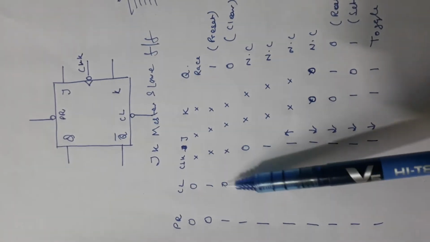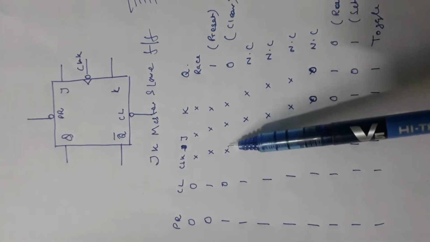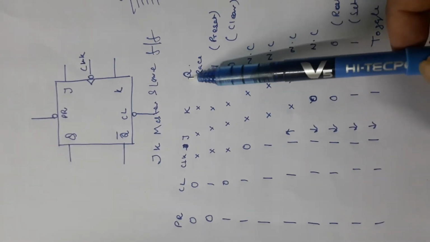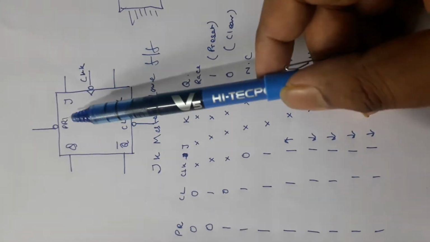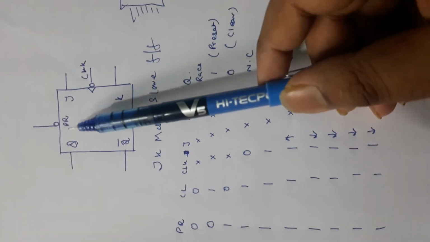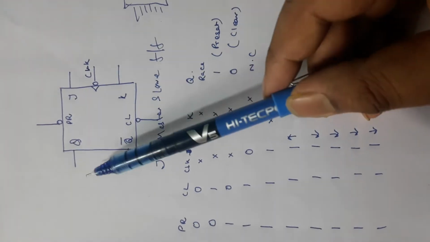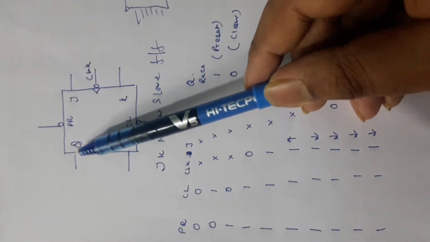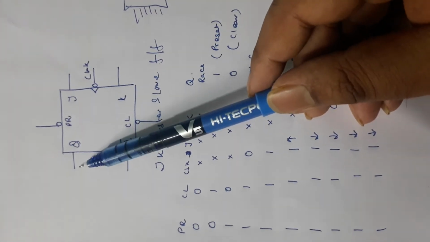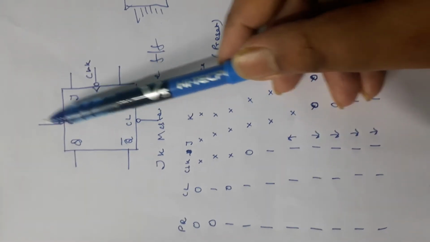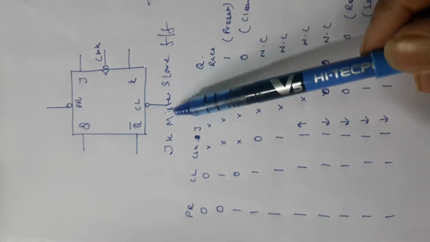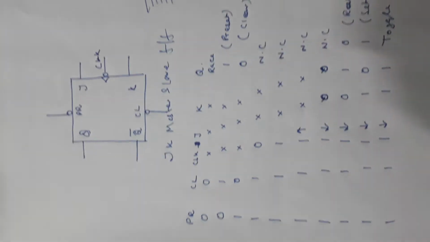Similarly, if clear is 0, then irrespective of the other inputs, the output will be 0. So these are two controls which are kept to force the output Q to be either 1 or 0. Preset makes it 1 and clear makes it 0.